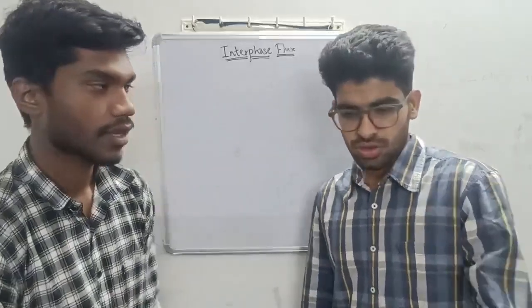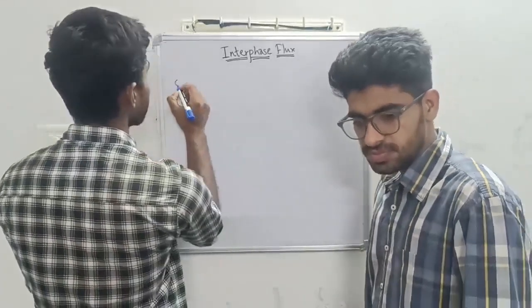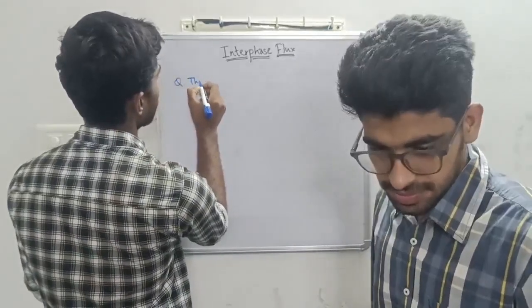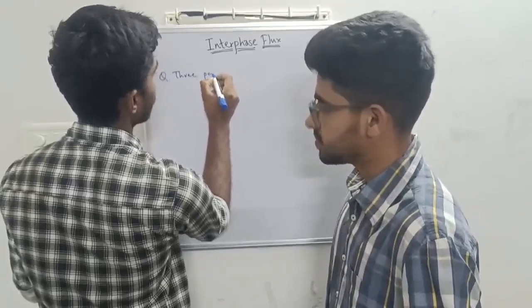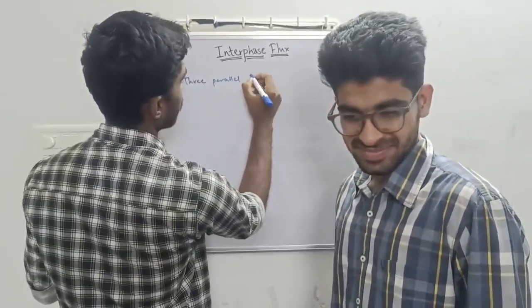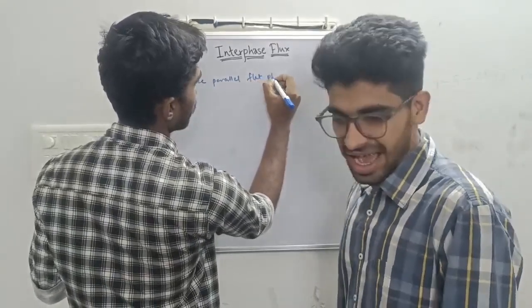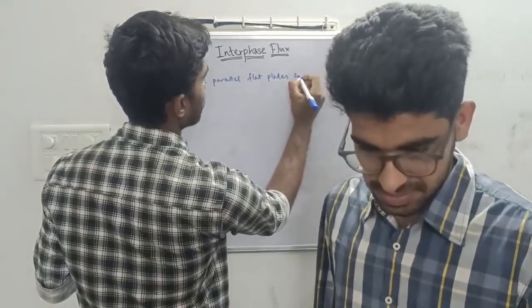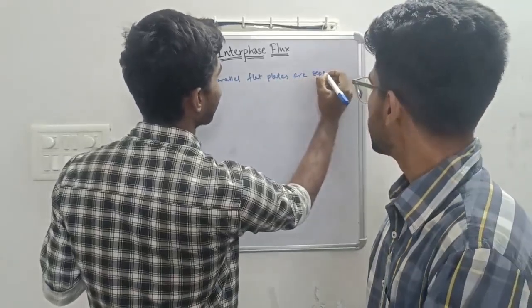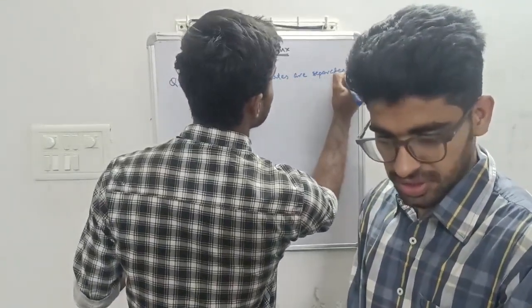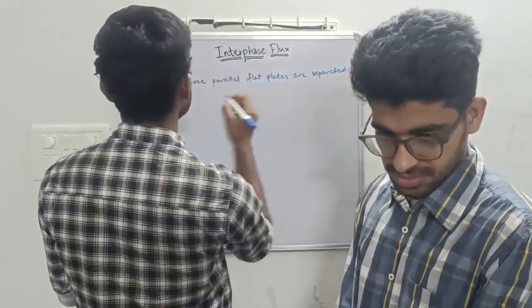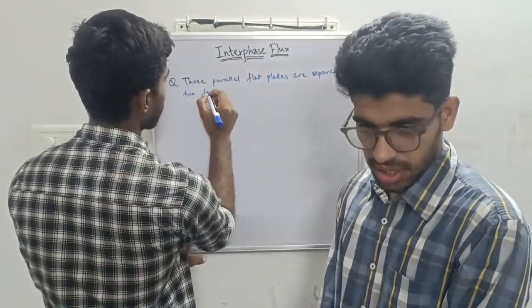So moving toward the last part of our series. Our last question is: three parallel flat plates are separated by two fluids as shown in the figure.